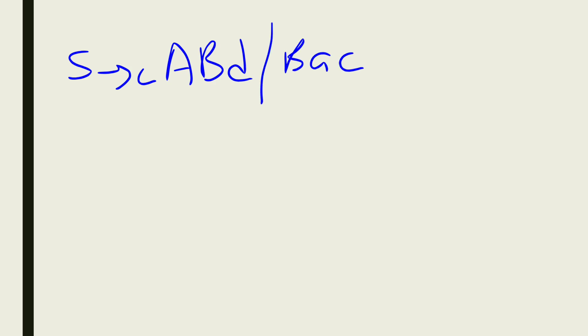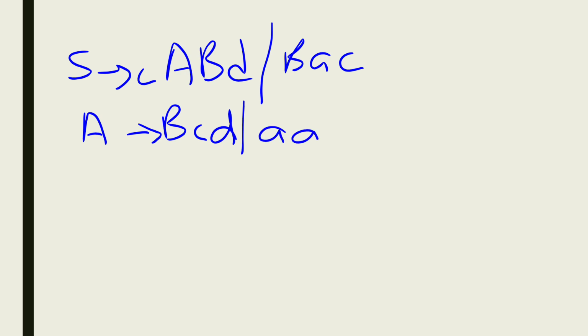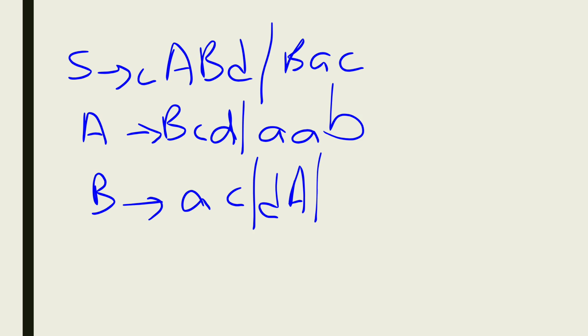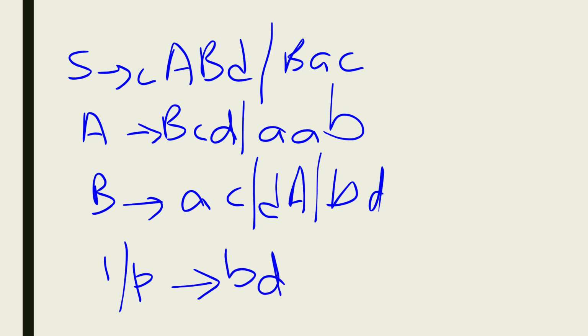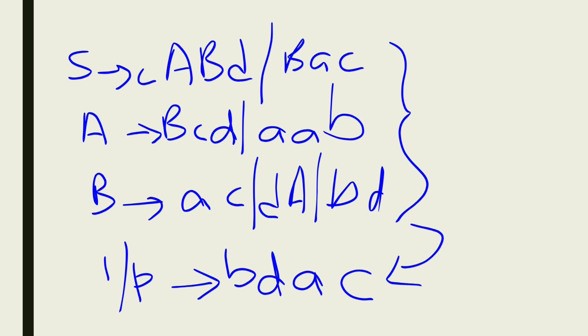S gives C, A, B, D and B, A, C, and A gives B, C, D and A, B. B gives A, C, D, A and B, D. Now the input string which we are expecting is B, D, A, C.